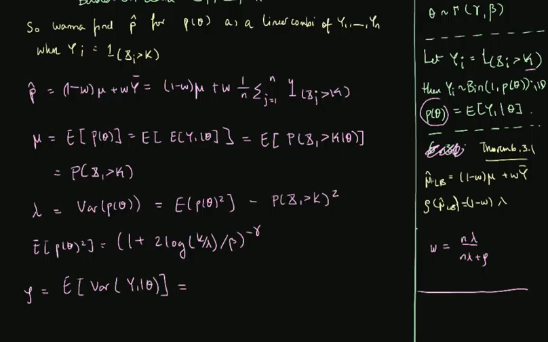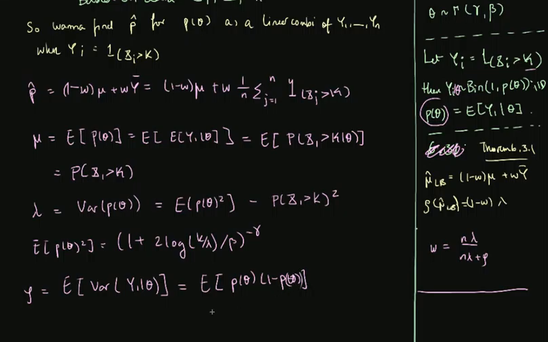And y1 given theta, we recall, was binomially distributed. Sorry, the y1 given theta, not just y1. So y1 given theta is binomially distributed with these parameters, and hence its variance is equal to p of theta multiplied by 1 minus p of theta.